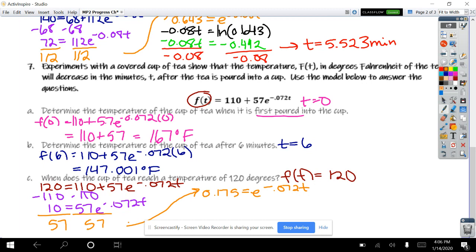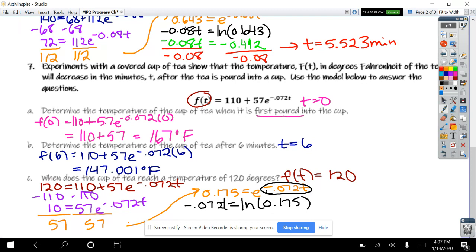Now this is the part where you need to use logs. So to rewrite this, you take the exponent part right here, negative 0.072 t, that's our exponent, and it is equal to the natural log of 0.175, the number we have on the other side.